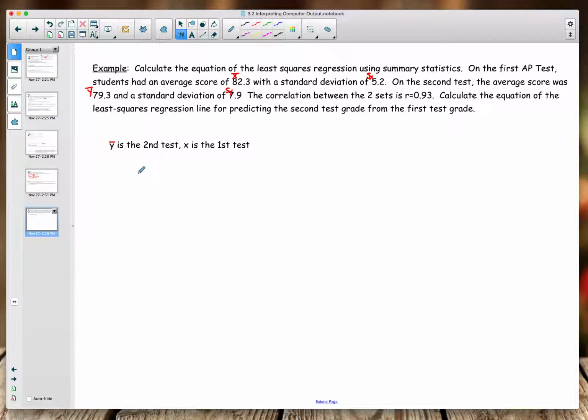Okay, so if I go ahead and find my slope, b, that was r, which is 0.93, times the standard deviation of y, which is 7.9, divided by the standard deviation of x, which is 5.2. And so when we calculate that, we get 1.413.